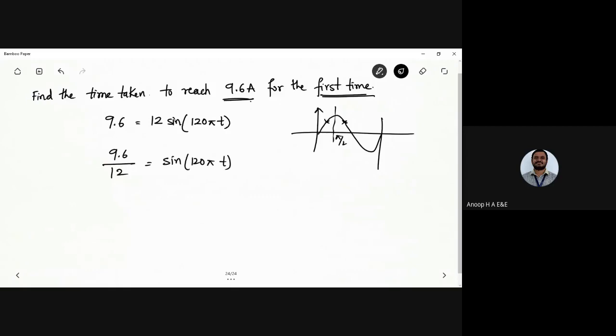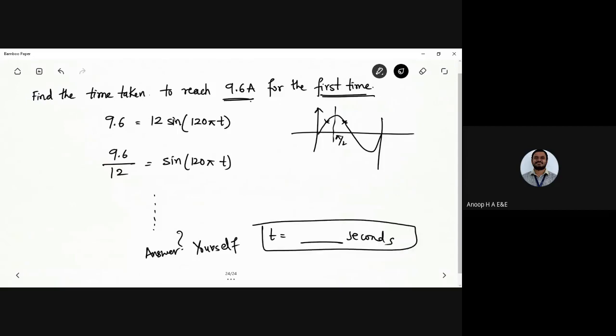Okay, next one. The remaining steps, do let me know the answer. Answer yourself. And what would be the time in seconds? A slight bit of adjustment you have to do in your calculator. I'll give a hint: put it in radian mode.